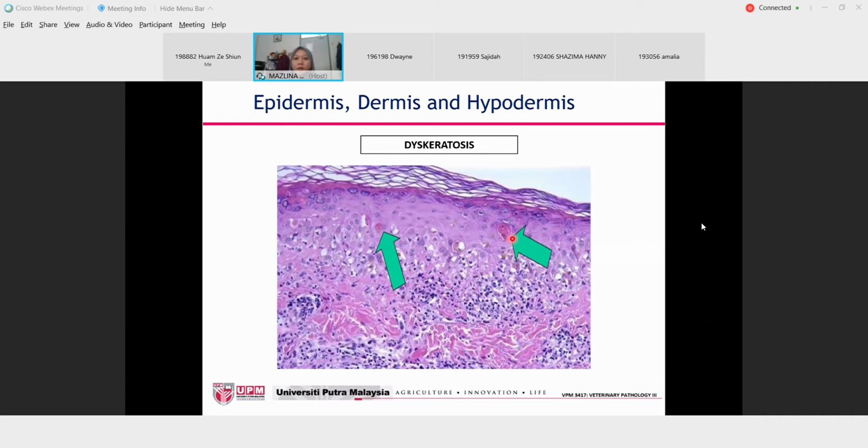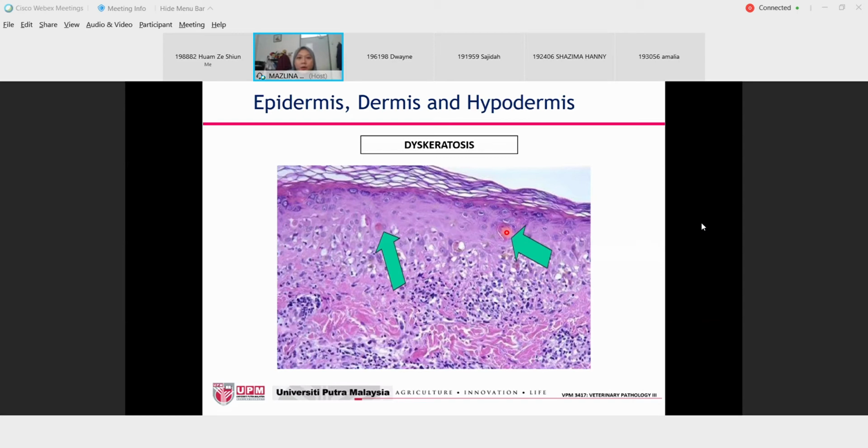So these are examples of dyskeratotic cells. Usually they occur singly or individually, not in a big cluster or throughout the whole tissue. Usually individual cells, a common finding in squamous cell carcinoma, for example.